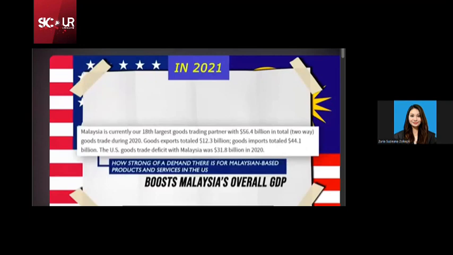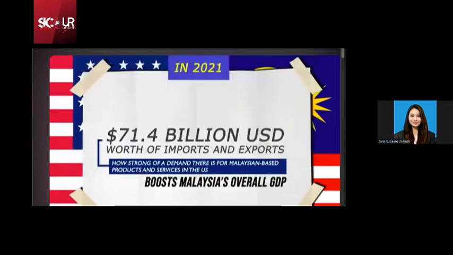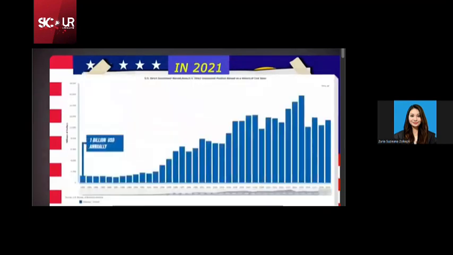Furthermore, the US has always had a strong inflow of foreign direct investments to Malaysia, one that has consistently grown over the decades. From the 1980s, when the US averaged around $1 billion worth of investment flows, to more than $10 billion annually in the 21st century.